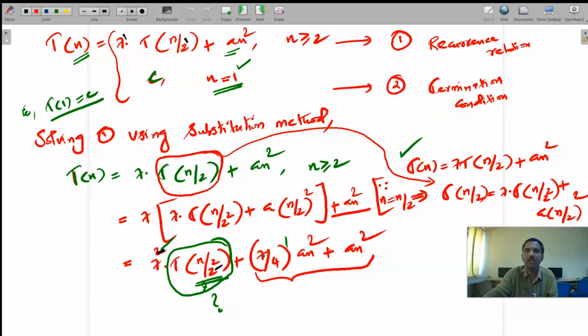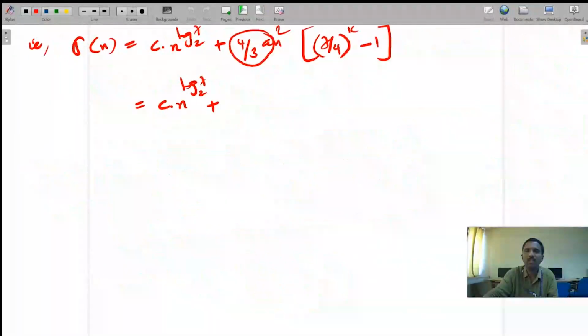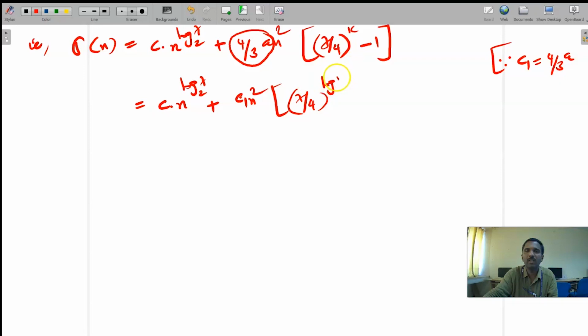Let's write this constant, say, let it be C1, C1 into n square, since C1 is equal to 4 by 3 into a. C1 is a constant that is greater than 0. C1 into n square into, substituting k is equal to log n base 2, 7 by 4 whole power log n base 2 minus 1.